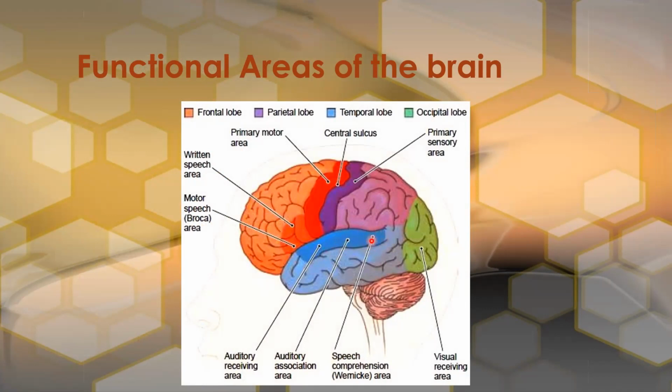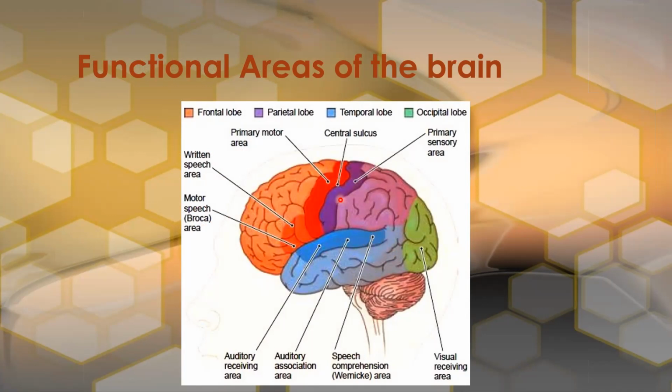When a person has a stroke and the blood supply to this area is compromised, that person won't be able to understand what other people around him or her say.